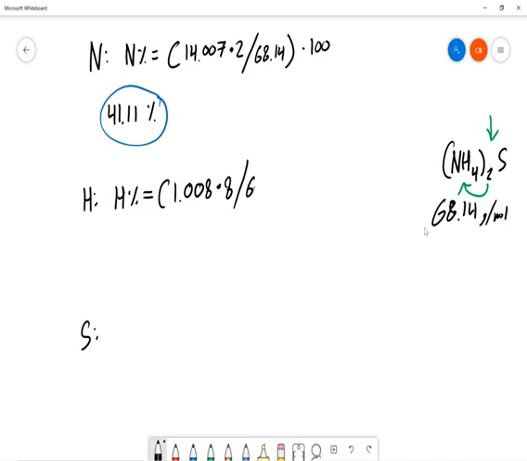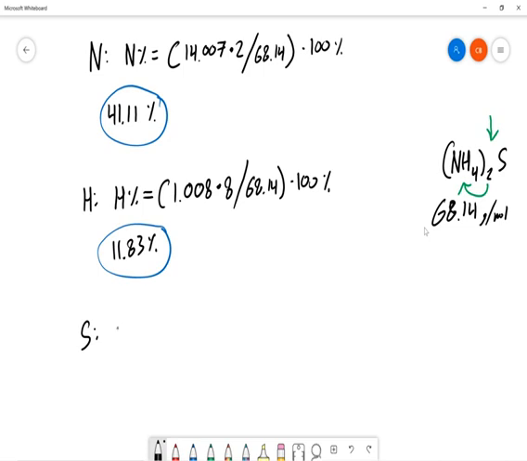And then it's divided by the entire mass and multiplied by 100. Don't forget the percent. So this is 1.008 times 8 divided by 68.14. I got 11.83%. I'm going to circle that one as well.